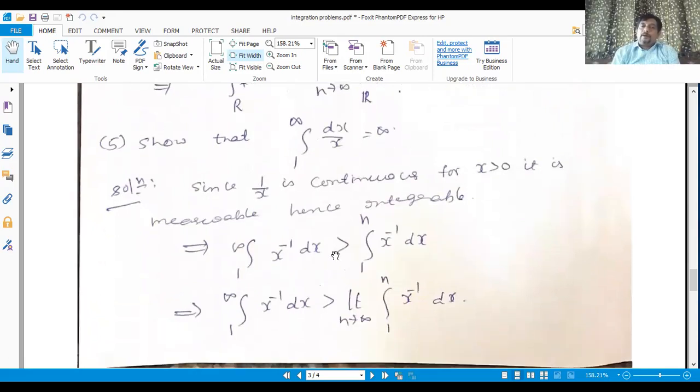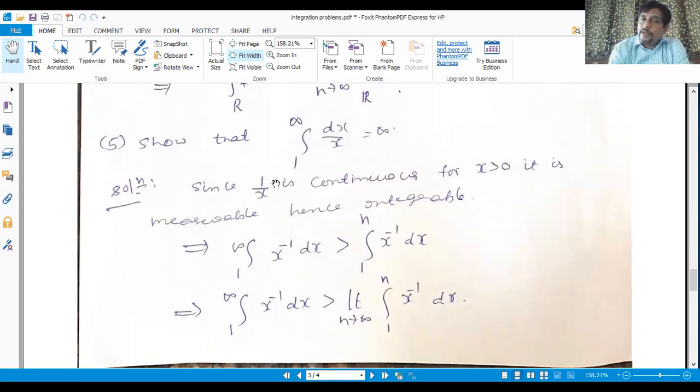Show that the integral from 1 to infinity of dx by x is equal to infinity. This one you studied in your complex analysis, in contour integration, as well as in the general form of infinite series. You know that 1 by x is continuous for x greater than 0.